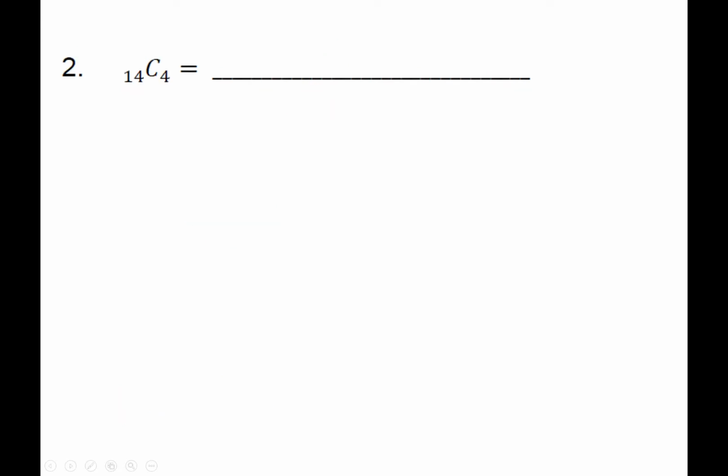Alrighty, on to the next one. This one is a combination. So this would be nCr, which is going to equal n factorial over (n minus r) factorial and then r factorial. So I have 14 factorial over 14 minus 4 factorial and then 4 factorial.